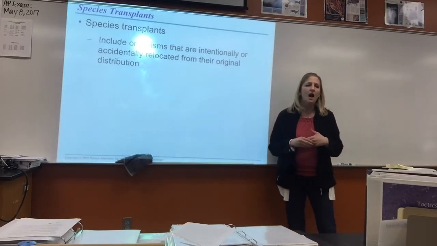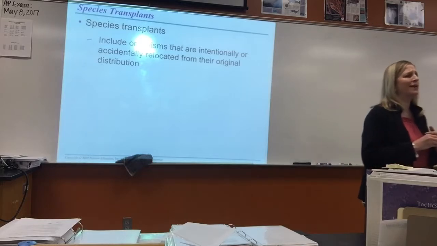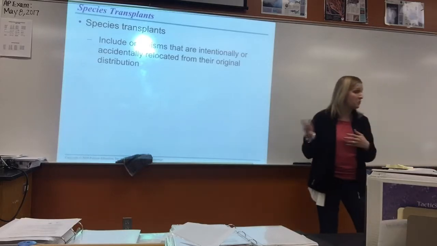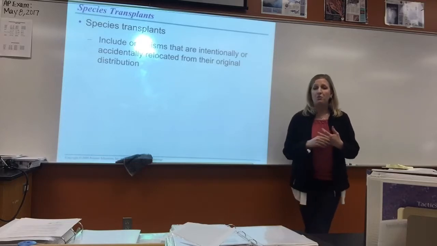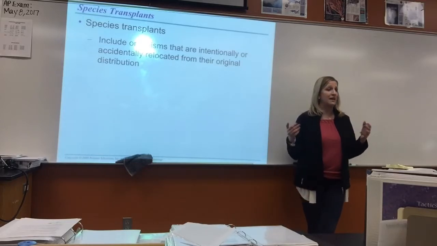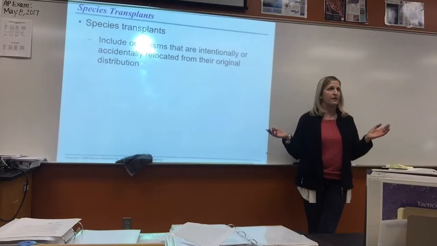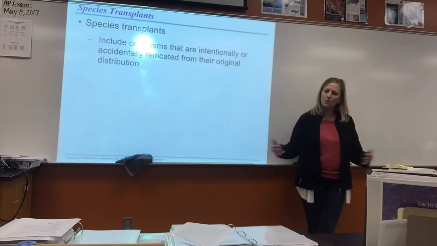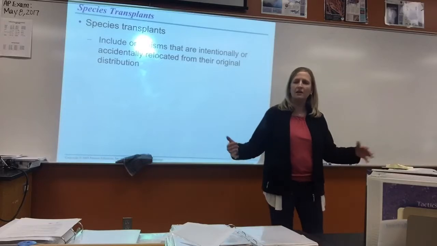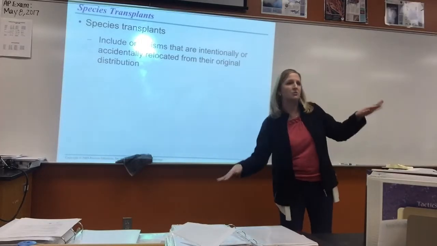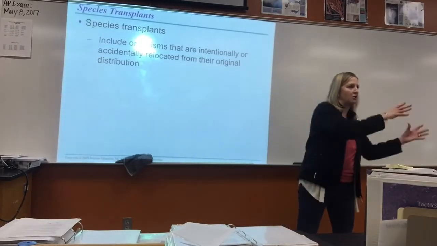We can accidentally bring organisms, like on ships, from one place to another. There's a little fish called the goby that was brought into the Great Lakes through ballast water, which is in a ship. There are holes that allow water to come in and out to help balance the ship, especially when cargo is released.